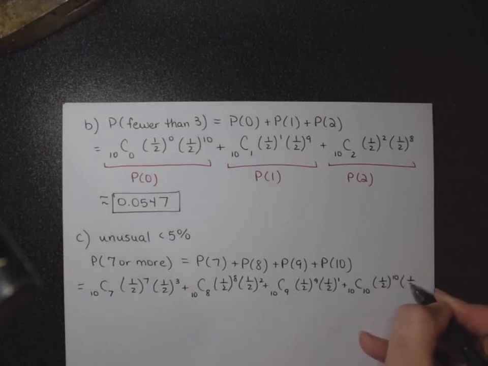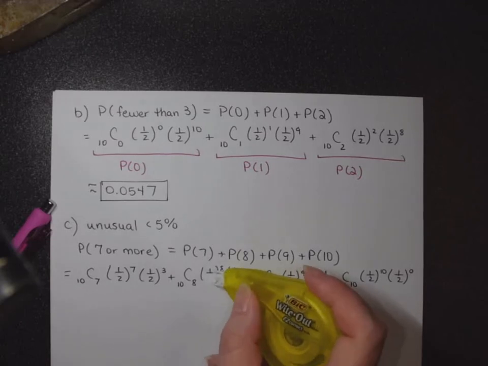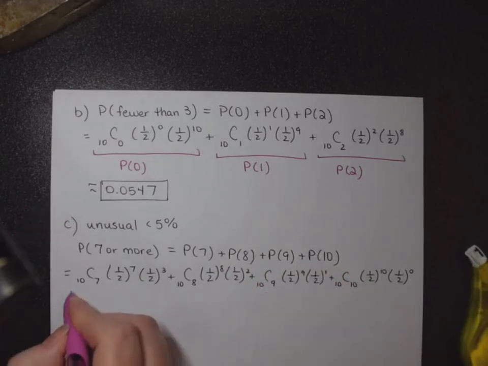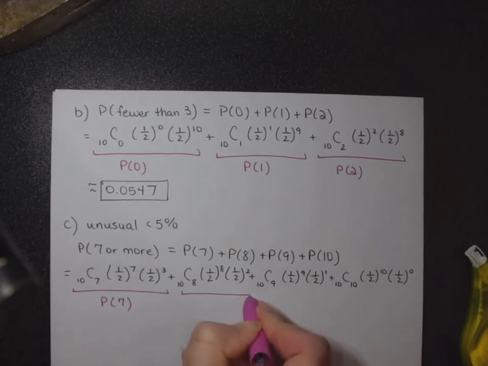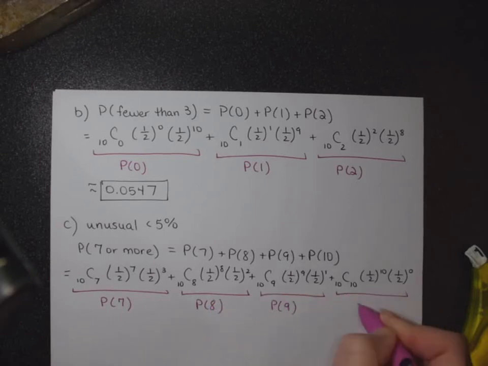So 10 correct and 0 incorrect. Okay, by the way, that doesn't make that 0. Anything with the 0 power is actually 1. So remember, this is the probability for 7. This is the probability for 8. This is the probability for 9. And this is the probability for 10.